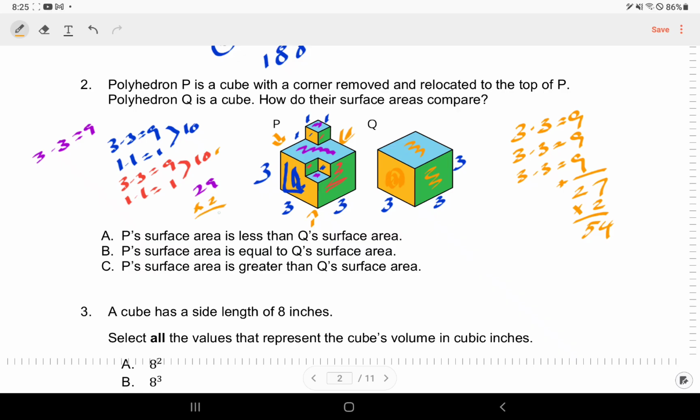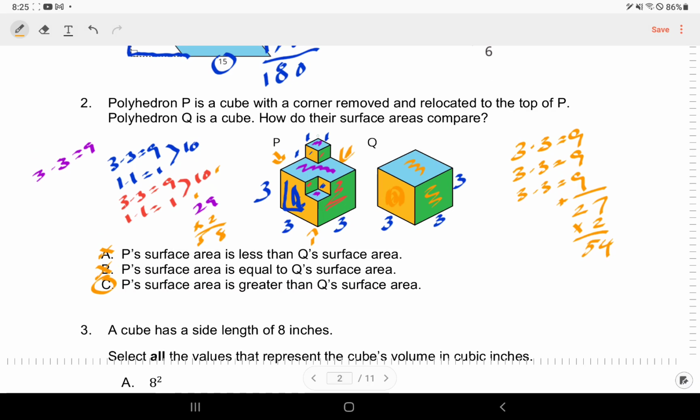And so times 2 is 18, carry 1, 4 and 5, and so that's 58. And so P has a greater surface area. No, it's greater. P surface area is greater. And so that's our answer. There's more surface area here because this piece was taken out.